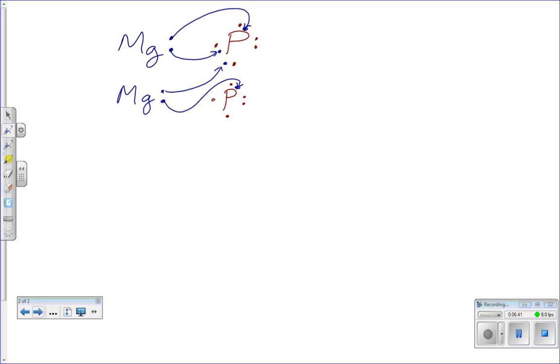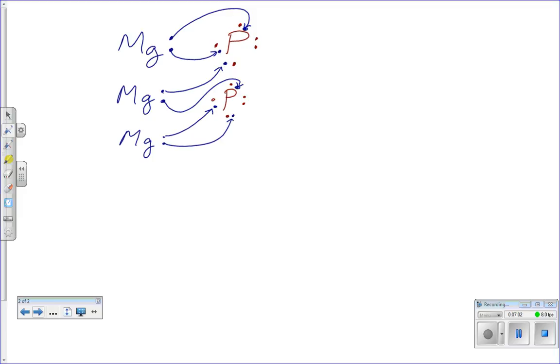Well, now this magnesium has gotten rid of both of its electrons that it wants to get rid of, but this phosphorus over here isn't full. So we got to get another magnesium, which has 2 more electrons to get rid of. This one will go here, and this one will go here. Now, everybody's happy.